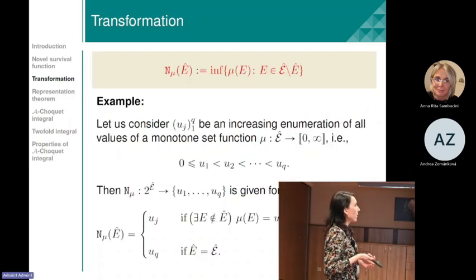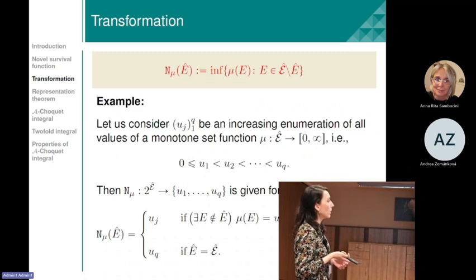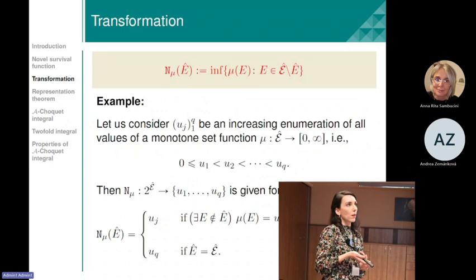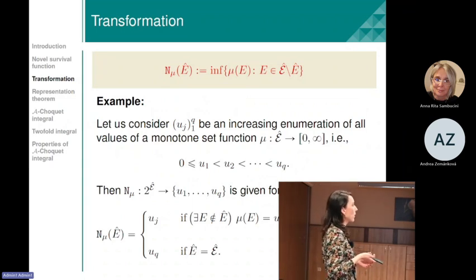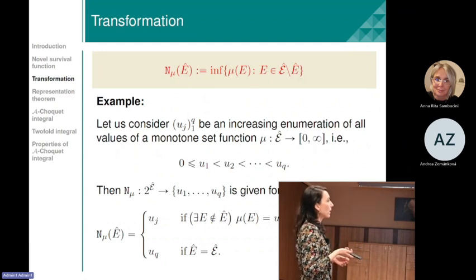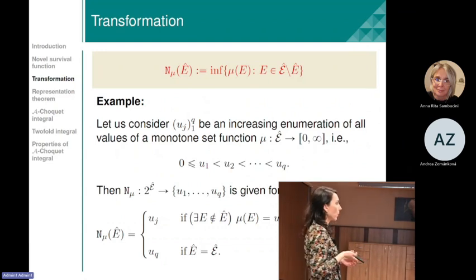For a better clarification of NME, let me give an easy example. Let us consider a monotone measure, a monotone set function mu, which takes finitely many values from u1 to uq.